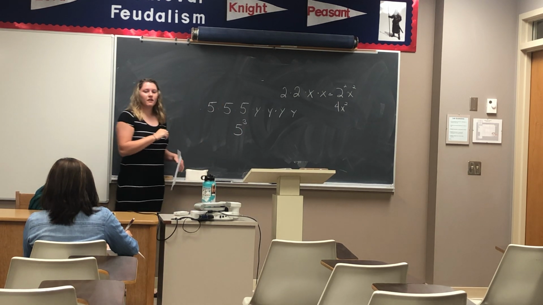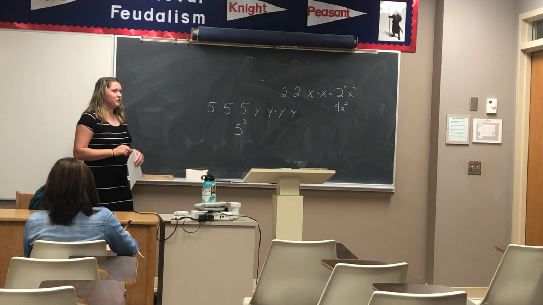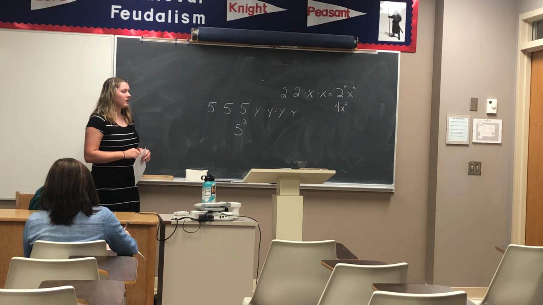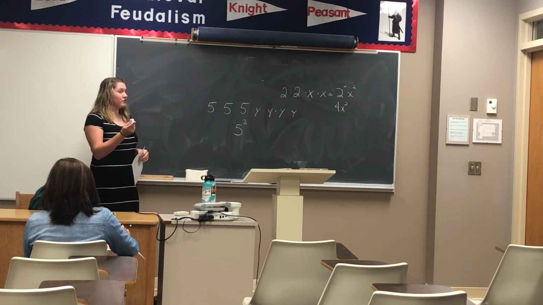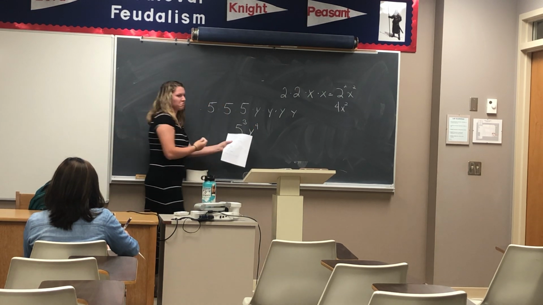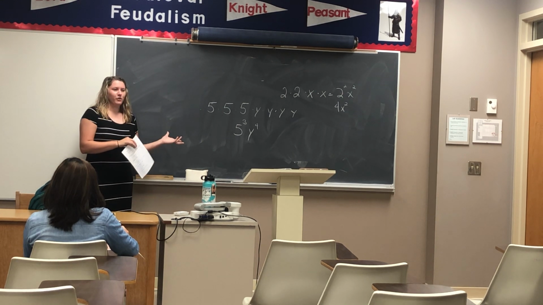Everyone agree? And then y times y times y times y. Anna Grace, what did you do with those y's? Y to the 4th, because we have 4 y's, right? Right. Very good. We know the y's are fine, because we don't know what the y's are. But what about 5 cubed?